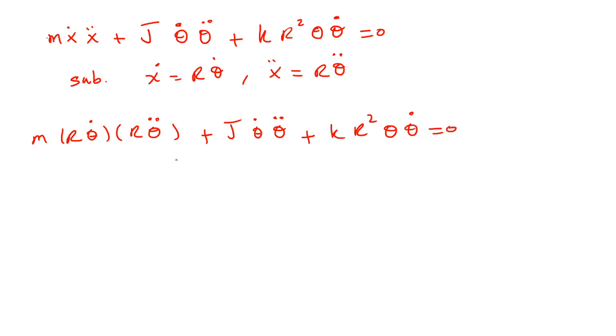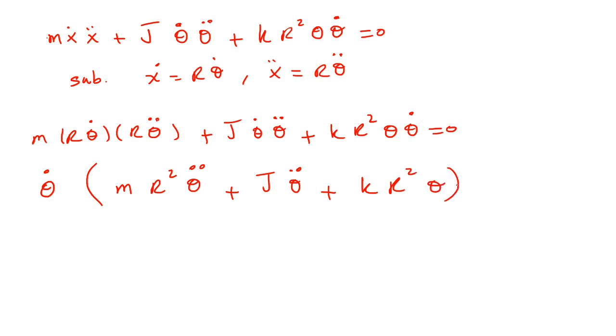What's common here? Common is theta dot, right? Take it outside. Then you will have m r squared theta double dot plus j theta double dot plus k r squared theta equal to 0. Theta dot is not equal to 0 all the time.